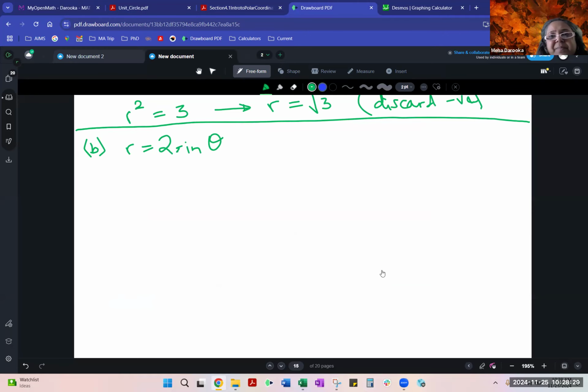Obviously same conversions, you may just have to switch sides or rewrite them, but the relationship is still the same between these variables. So where would we start on this guy?